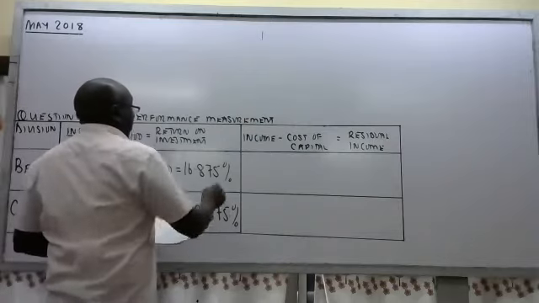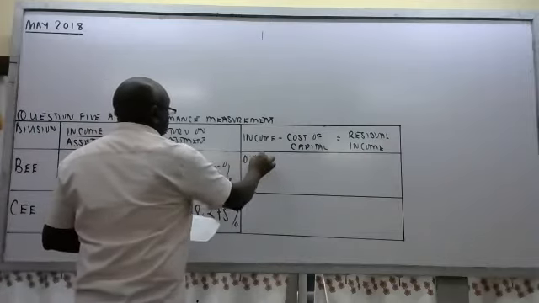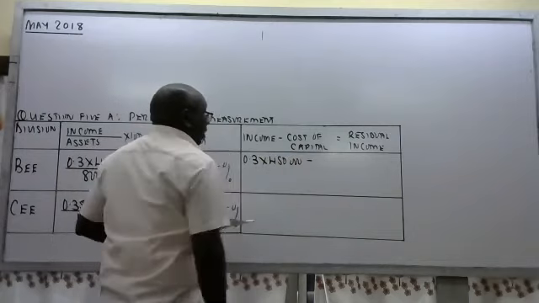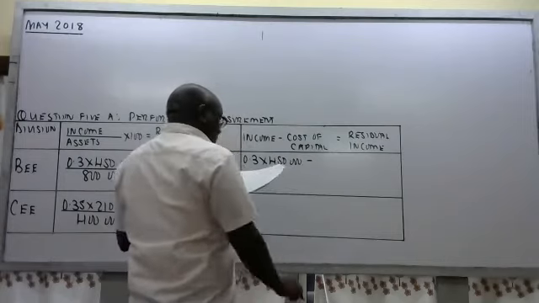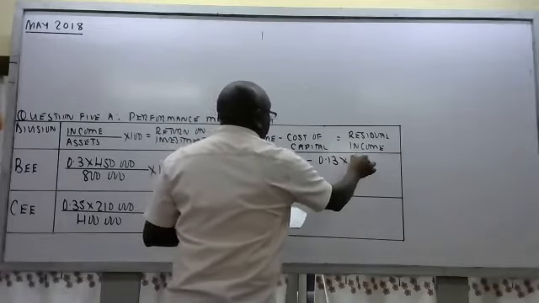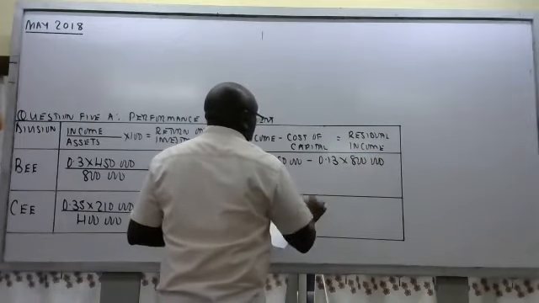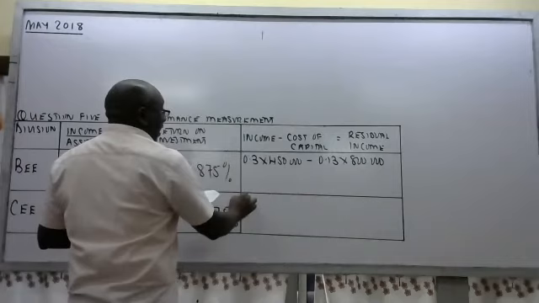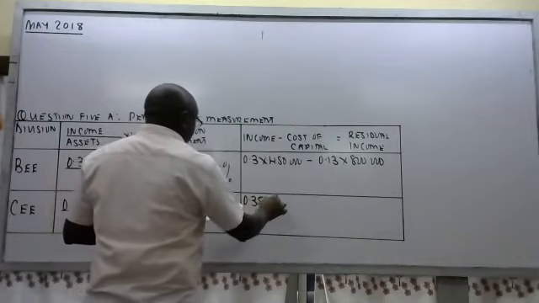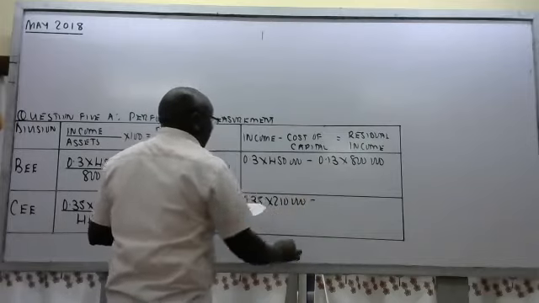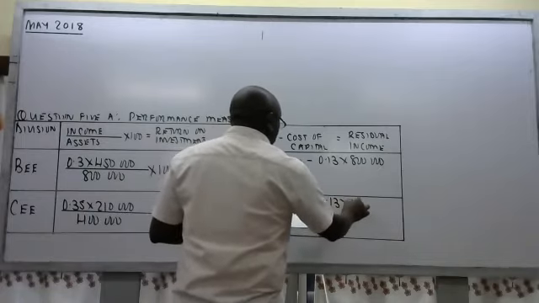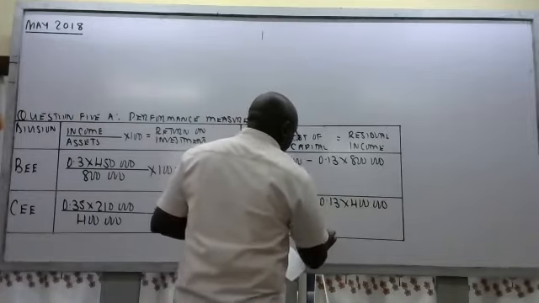So sasa this will be 0.3 times 450,000, that is the income, minus the cost of capital, which is 13% of 800,000. And then this will be 0.35 of 210,000 minus 13% of 400,000.